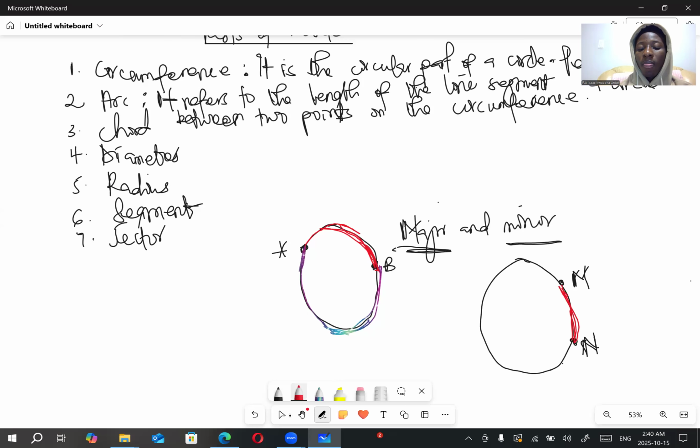Have you seen it? MN is an arc. And then the distance from that is also an arc. So there are two arcs, right? One is on the right, one is on the left. So how would you call them? The one on the right is what? It's the minor arc. And the one on the left is what?